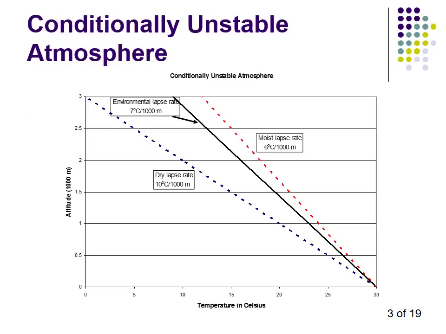Okay, so a conditionally stable atmosphere is this. We've got our blue dry adiabatic rate and our red moist adiabatic rate. If the environmental lapse rate is right in between them, you get what is conditionally stable. Why is it called conditionally stable?